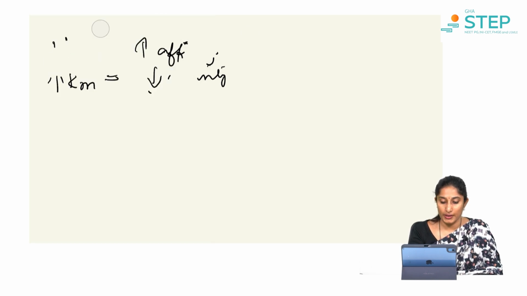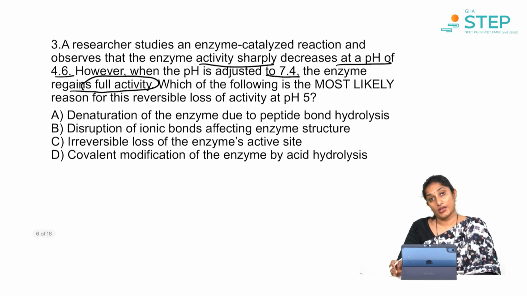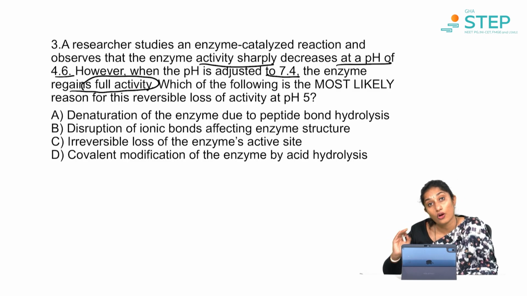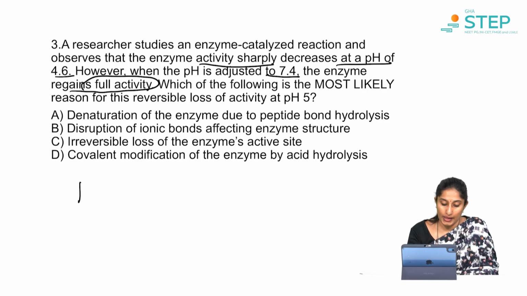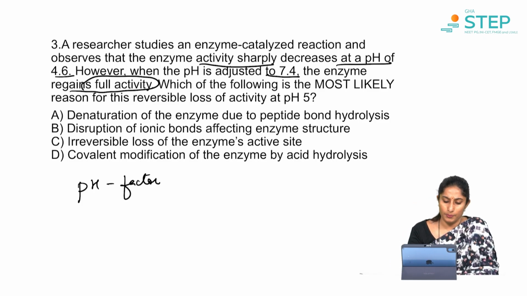So, after the basics of Km and Vmax, let's go back. What are we asking here? What has happened to the rate of reaction, to the velocity, once there's a change in the pH? So, what we are understanding here is pH is an important factor that also controls the rate of reaction. Normally, blood pH is around 7.4.